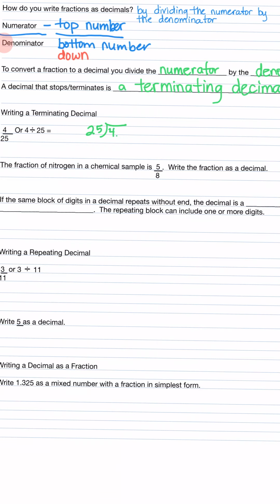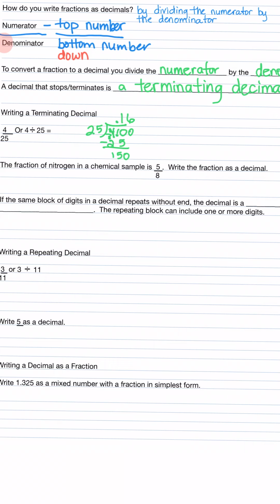Well, it can't happen like that, so we're going to do a decimal, add a 0. 25 goes into 40 one time. 25, subtract it out, is going to equal 15. 25 can't go into 15, bring down another 0. 25 goes into 150 6 times. So it stops right there. Therefore, it is a terminating decimal. When you do 6 times 25, it equals 150, and that equals 0. We'll just get that out of our way.